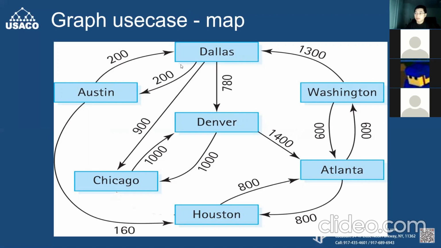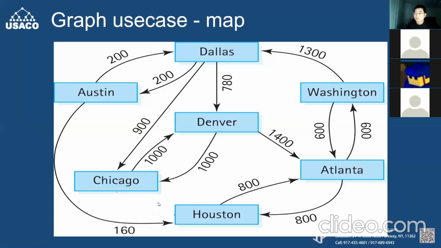right? And then you find that we have a weight on each edge, 200 from Austin to Dallas. From Dallas to Austin is also 200. But if you go from Austin to Houston, it's 160. What is that?